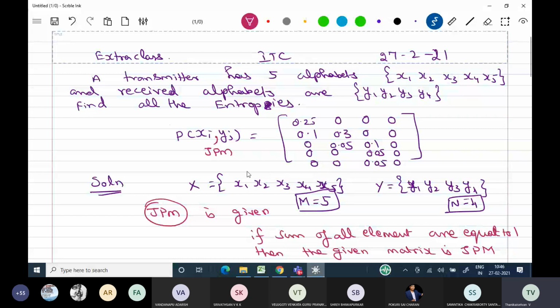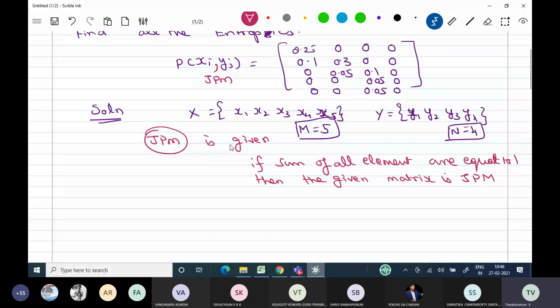The sum of all the elements in a column results in probability of yj. Here only the matrix is given, and we are going to calculate probability of xi, then probability of yj. This is the proof.